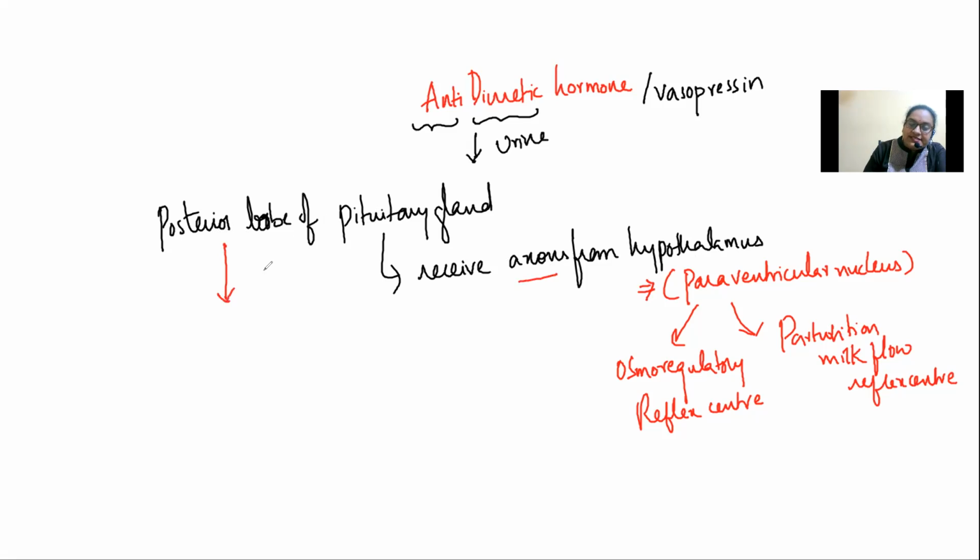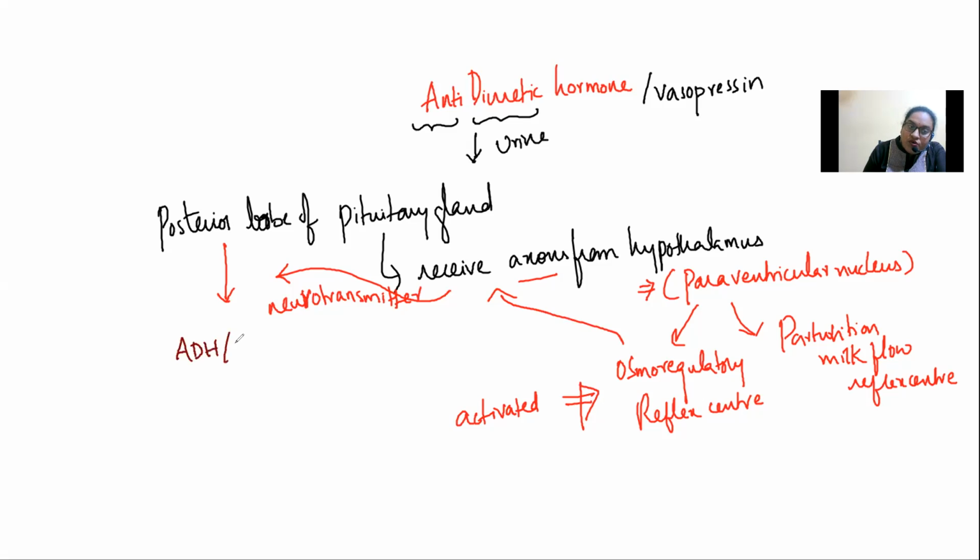Whenever the osmoregulatory reflex center is activated, these neurons through their axons pour out their neurotransmitter, which is the antidiuretic hormone, or what we call vasopressin.